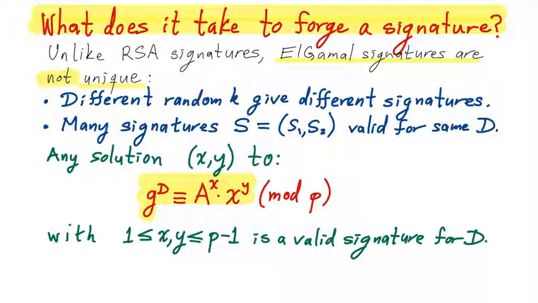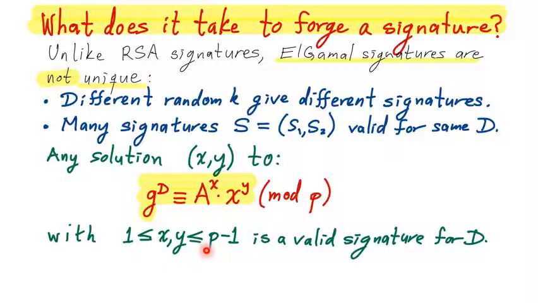Different random k will give different signatures, and many different signatures are valid for the same document. And in fact, so long as you give a value x for S1 and y for S2 that satisfy the verification condition for ElGamal, g to the d is congruent to capital A to the x times x to the y modulo p, with x and y in the correct range 1 through p minus 1, then you have a valid signature for d.